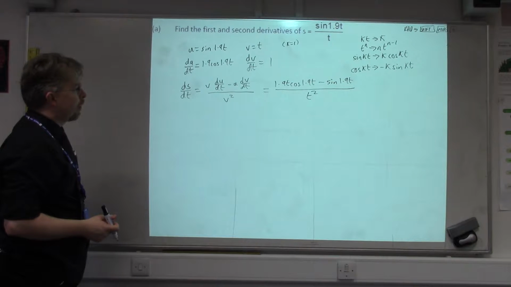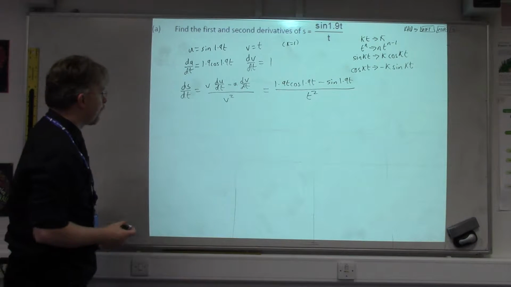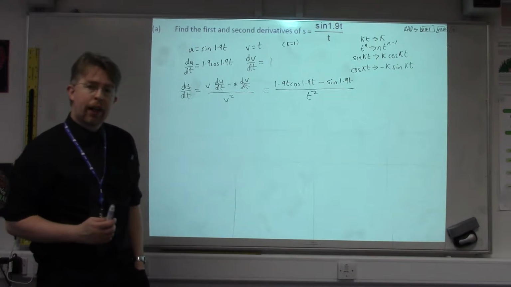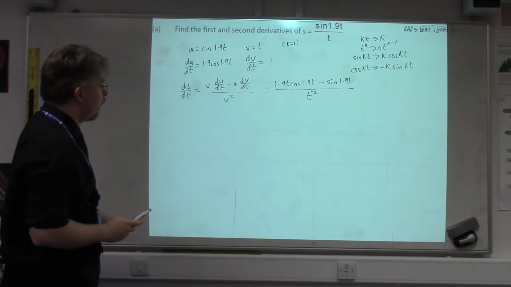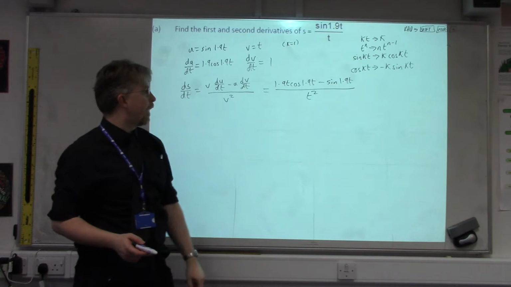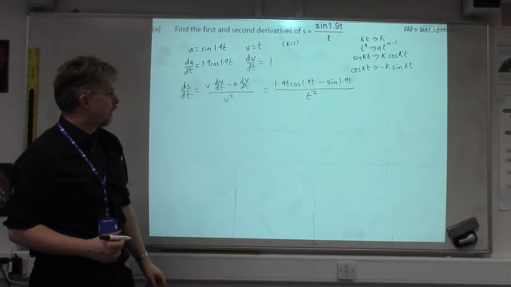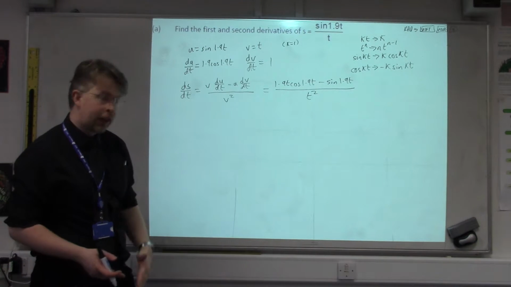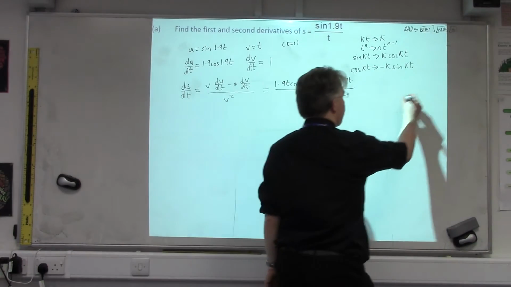Right, so we need to differentiate again to get d2s over dt squared. Now we've got a product and a quotient. The product is 1.9t cos 1.9t, and we've got a quotient, a fraction. So let's do the product rule bit first.